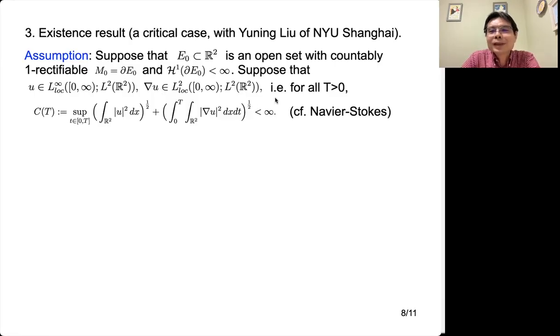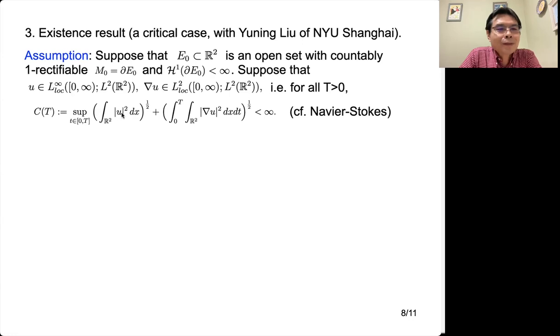Okay, so that's exactly the class that comes naturally from the Navier-Stokes equation in 2 dimensions. So that's again, as I said, a critical case. Particularly this part. Okay, this part is not so clear what is critical, but at least we assume this. And so let C_T be this. So the assumption is that these quantities are bounded.